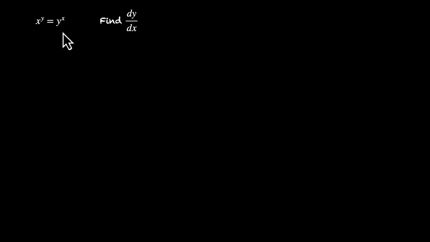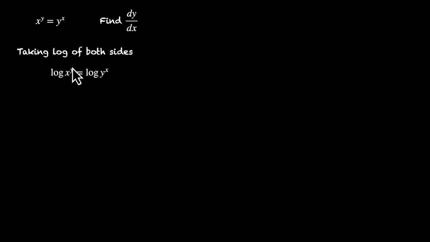We can do this by taking log on both the sides. That's usually the first step for these problems. So what do you get when you take log on both sides? Pause the video. Think about it. Okay. Treat these y and x as powers. And when you take log, you get log of x to the power y equals log of y to the power x.